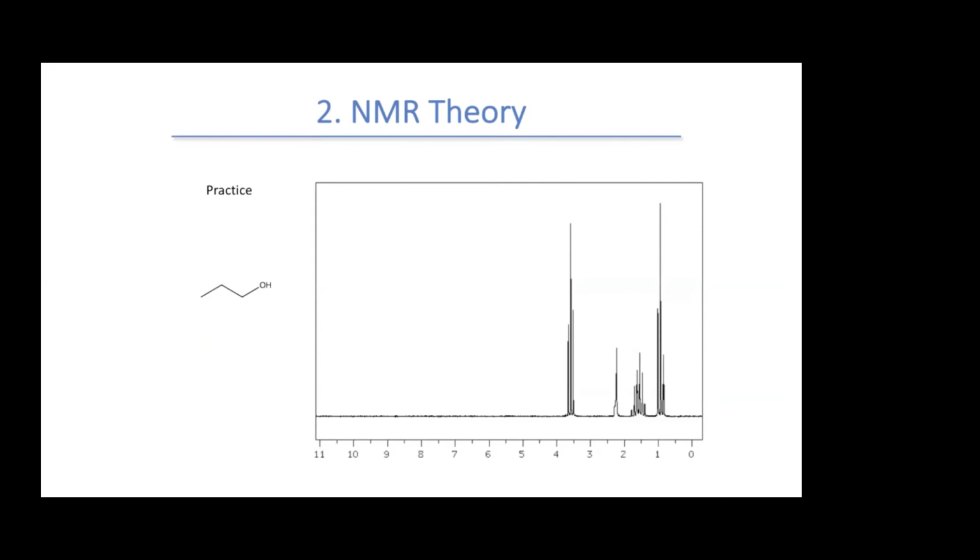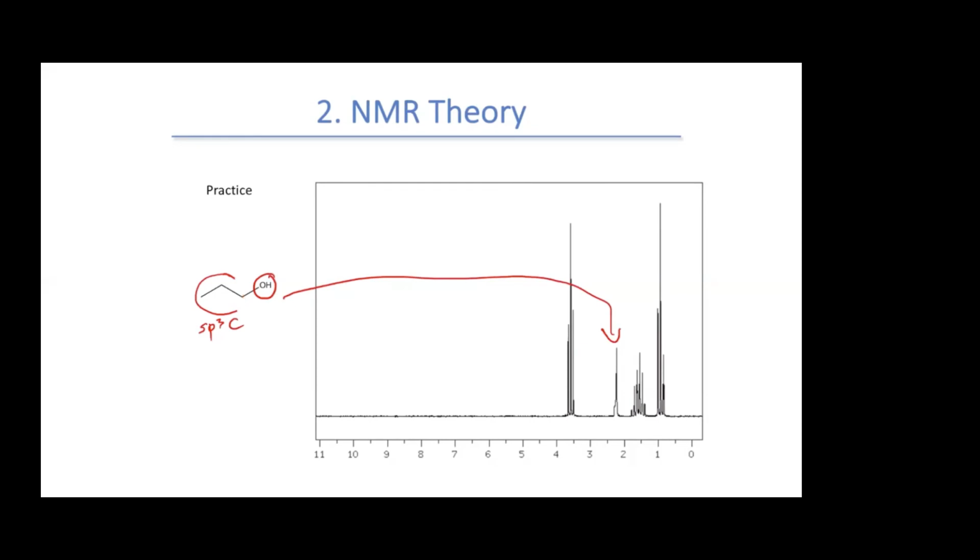In this example, we have an alkyl group and an OH. So we have an alcohol, and then we have sp3 carbons. When we're trying to identify the difference between the carbons and the alcohol, remember alcohols are typically broader than your CHs. So our alcohol group is going to be this peak right around 2.